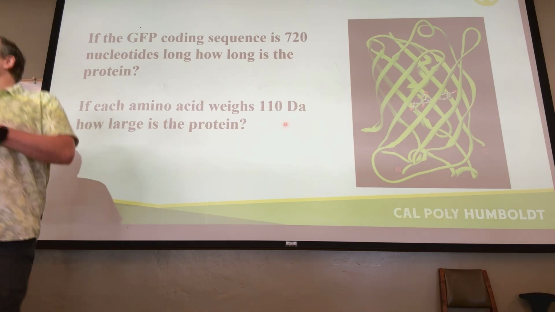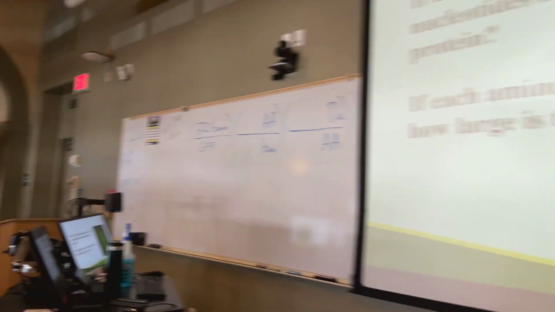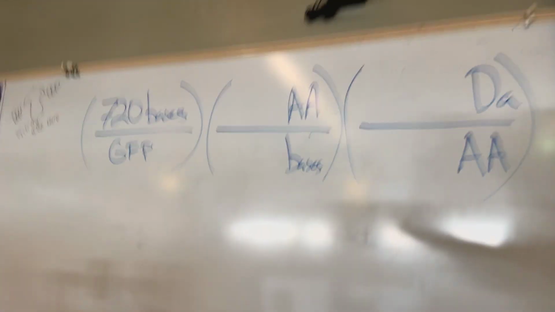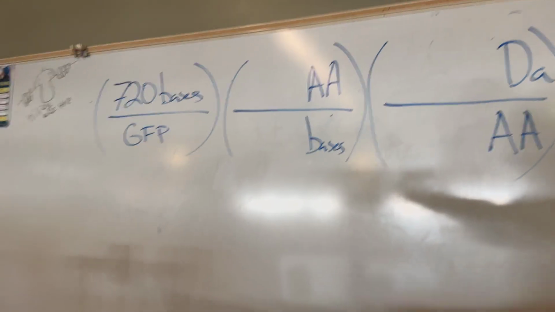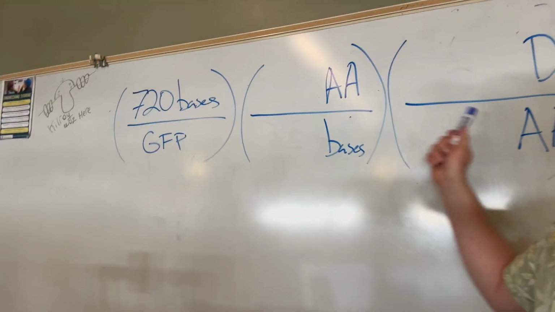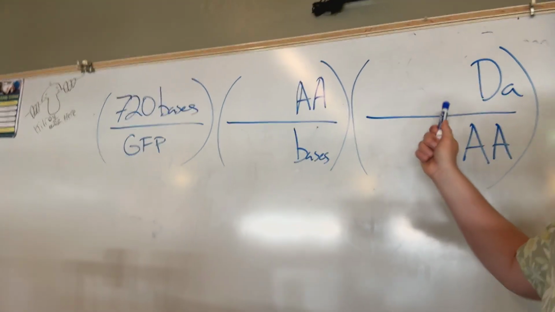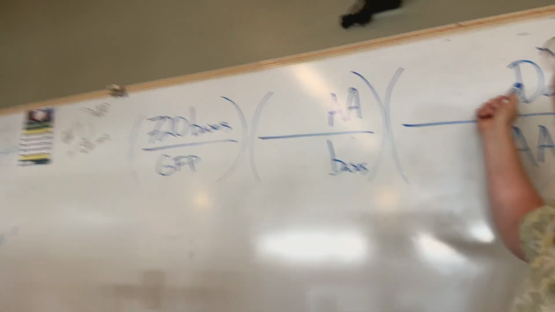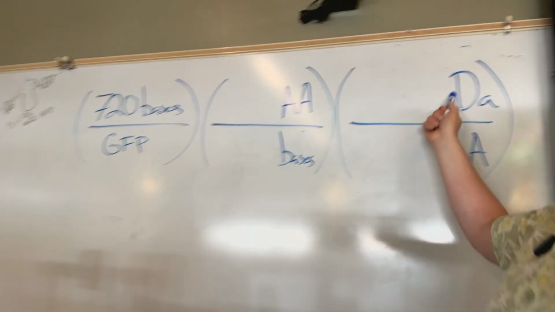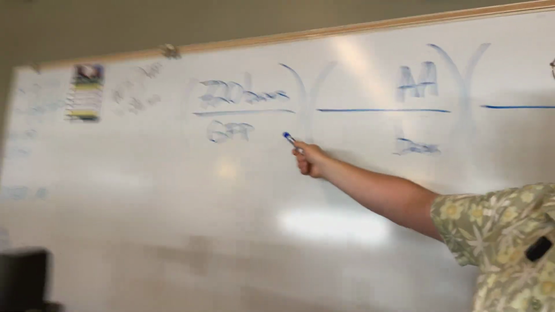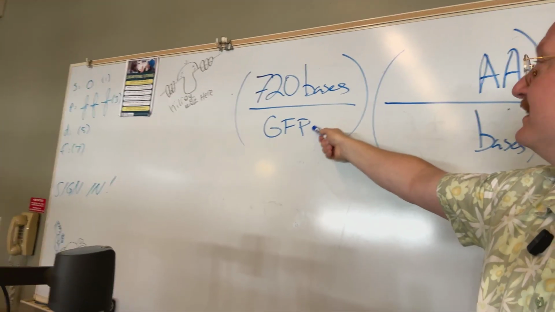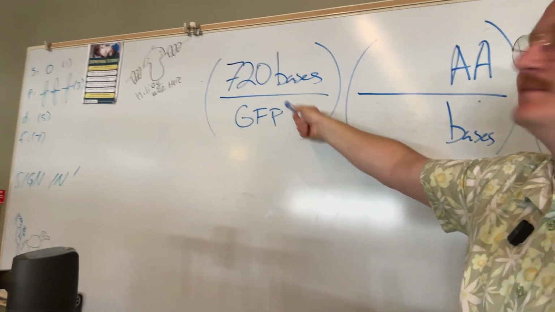So what I'm doing here, and I'll bring the camera over. Whoa! All right, what I'm doing here is I'm setting up a series of conversions to give myself an answer that is going to be in Daltons per green fluorescent protein. I know the bases per green fluorescent protein.